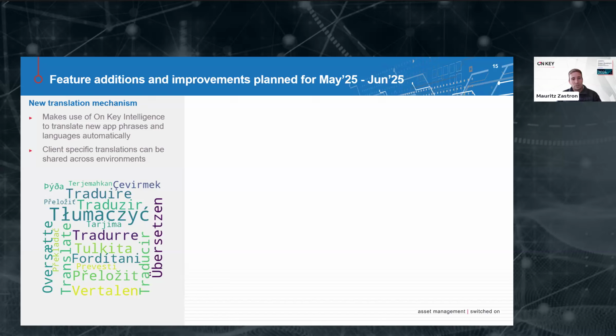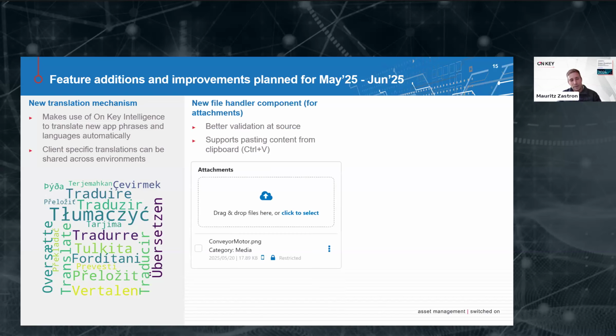So if we, for example, wanted to add Spanish, we would be able to add the Spanish language, and all the labels in the app would be translated to Spanish as well, using the context-sensitive translation API that JP will mention later.